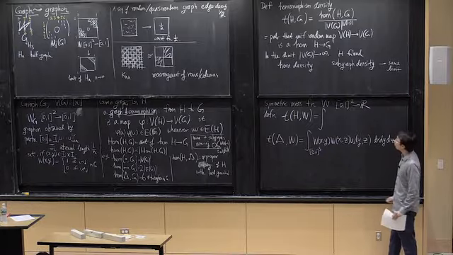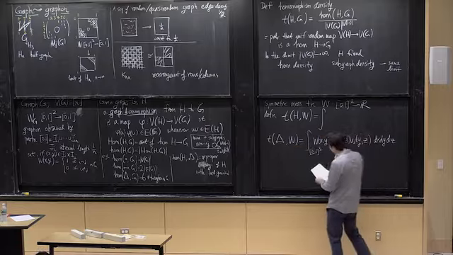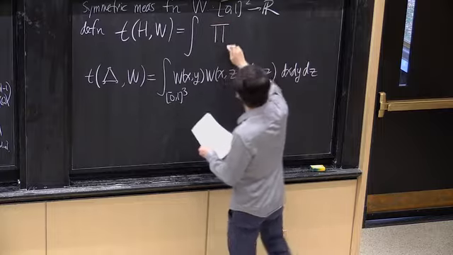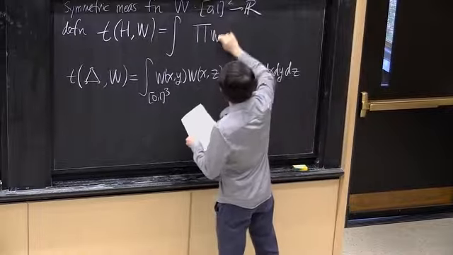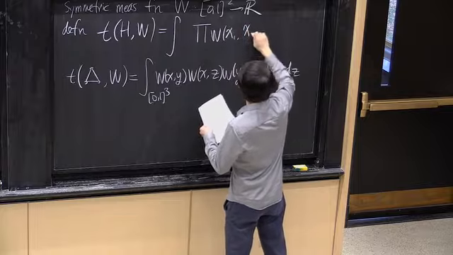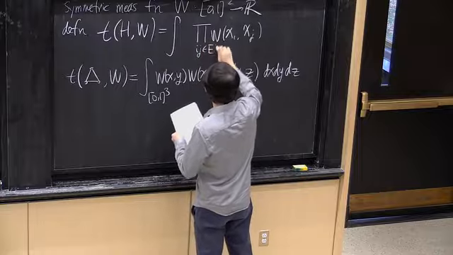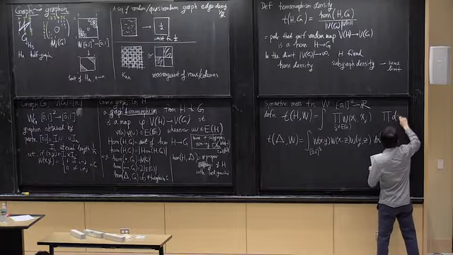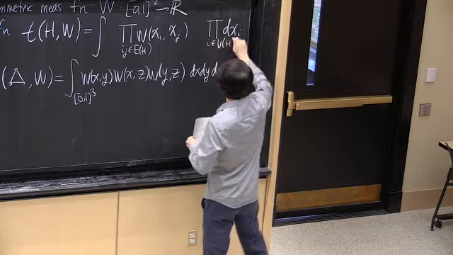More generally, for H instead of a triangle, the H density in a graph function is defined to be the integral of, instead of this product here, a product corresponding to the graph structure of H with one factor for each edge of H. And the variables go over the vertex set of H.